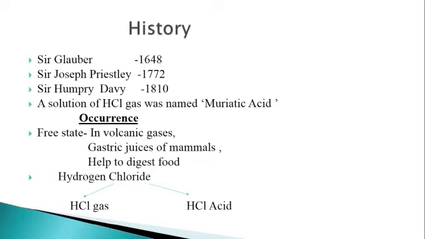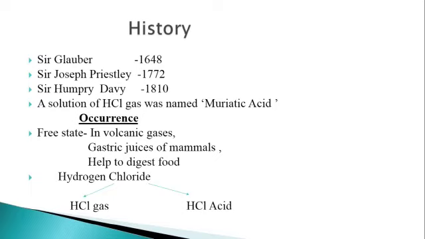Later in 1810, Sir Humphrey Davy proved that HCl is made up of hydrogen and chlorine. The previous name for hydrogen chloride was muriatic acid. It was named as muriatic acid.